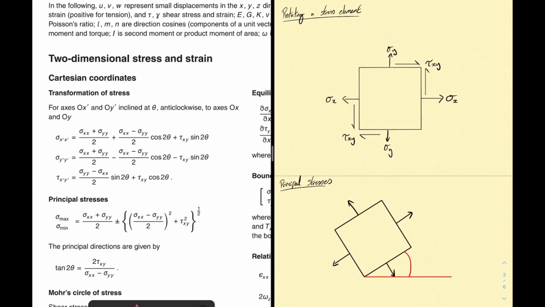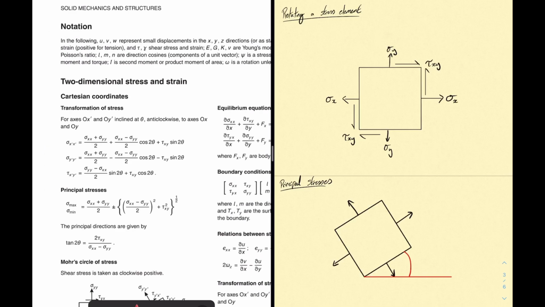Terms like sigma xx, sigma yy, tau xy refer to the global coordinate system, and the terms which have primes in them refer to the inclined coordinate system. And in this case, it's inclined to an angle theta, which is defined in an anti-clockwise manner. And we've already said anti-clockwise is positive. So yeah, you can use HLT.